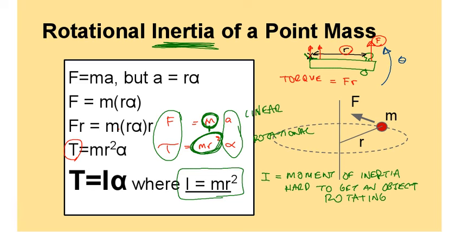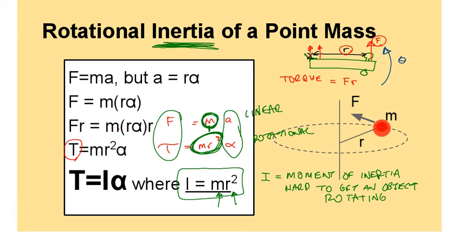If something were rotating and you tried to stop it, the mass would be important. The more mass it has, then the harder it is to get it moving or to stop it moving. And the larger it is, the harder it would be to get it moving. In the little picture here that I've already messed up with all my chicken scratch, we've got a rock that's tied onto a string.